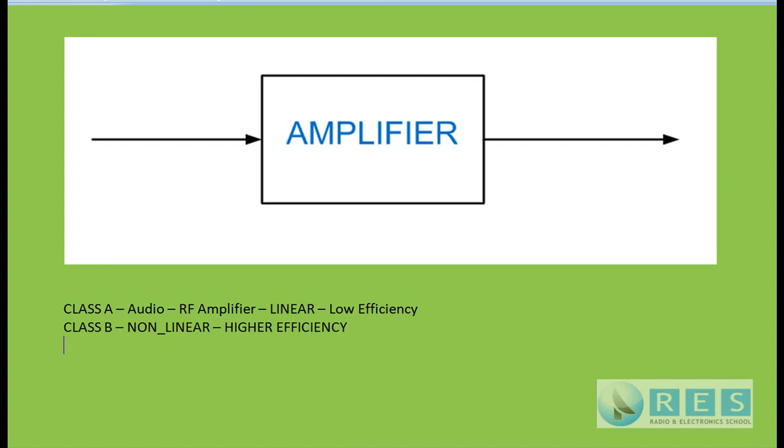The final class is Class C. Class C is extremely non-linear. The books don't say that, but I'm going to say it. If we give a Class C amplifier one full cycle of sine wave to amplify, it may only amplify a few degrees of half a cycle of it.